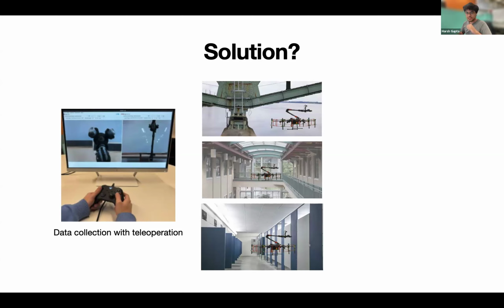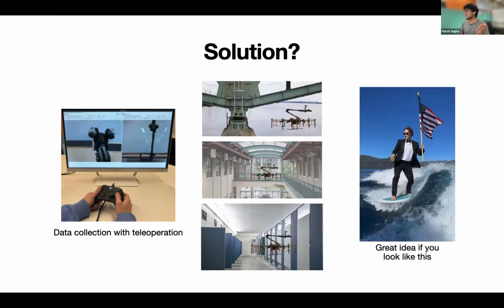And this is a great solution if you look like this guy, where you have a lot of money, you can deploy your drone everywhere in the world. You have hundreds of people collecting data in a lot of diverse environments, but this can get really expensive, and I don't really believe that this is the solution at this time, at least.